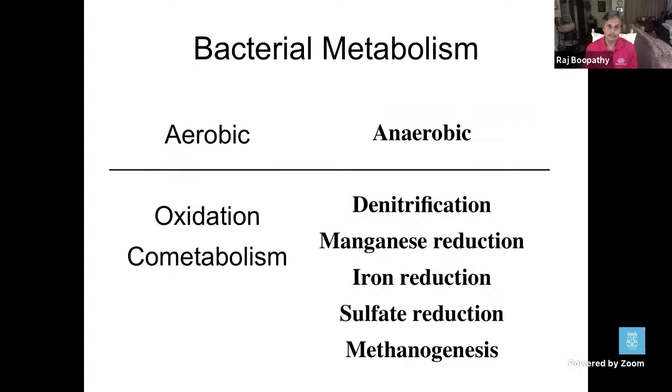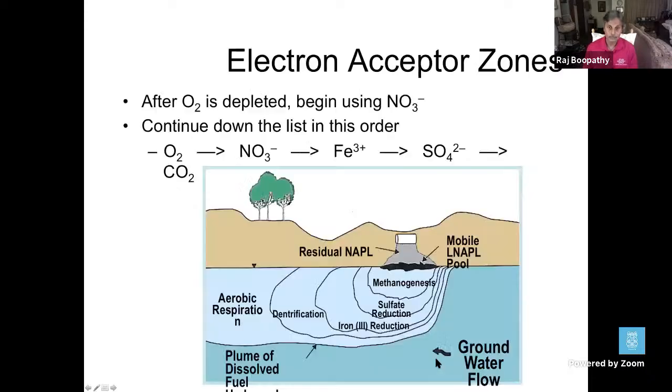Here is bacterial metabolism aerobically and anaerobically. You can use oxygen as electron acceptor, and you can use co-metabolic condition using an additional carbon source. And anaerobically, various salts: you can use nitrate, manganese, iron, sulfate, and in methanogenic condition, carbon dioxide could be used. So this is what is pictorially represented in this slide.